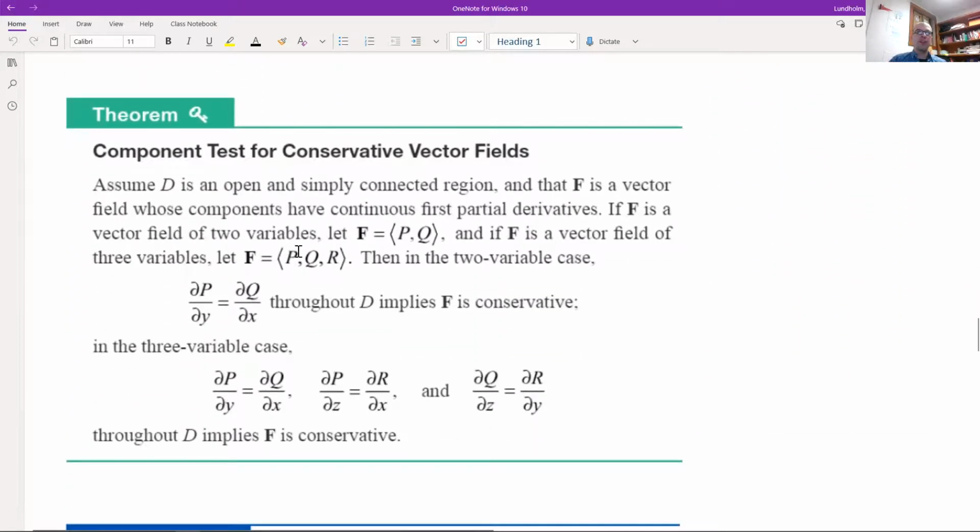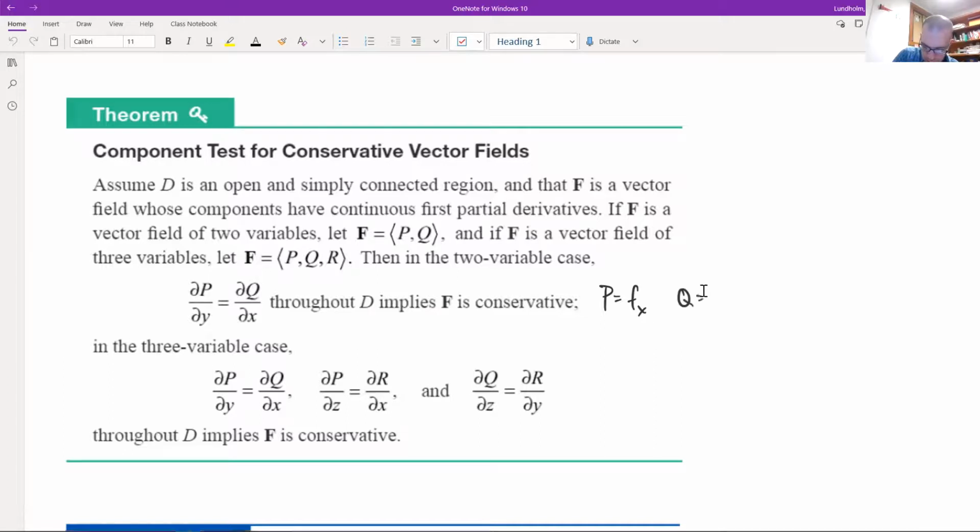Okay, the component test for conservative vector fields here is really just operationalized Clairaut's theorem. So what we're working with here with this vector field is a partial derivative with respect to x and a partial derivative with respect to y. P is already the partial derivative with respect to x for some function.